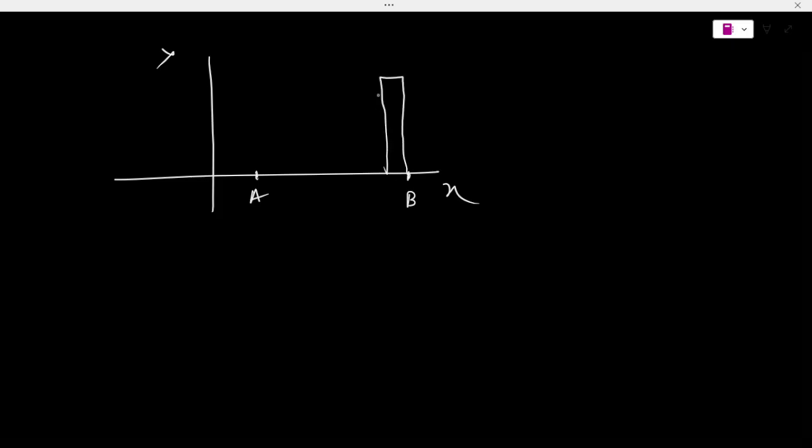Clear? Now I'm giving another example. On the x and y axes, let this be the point P and this be the point Q. This is point a and this is point b.